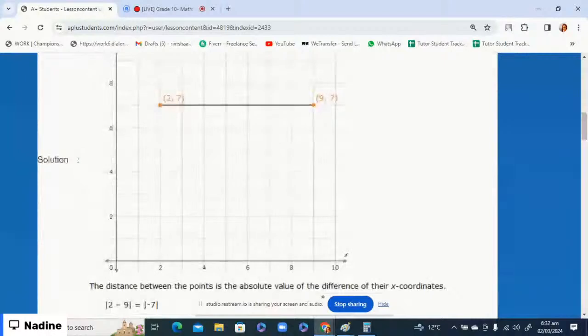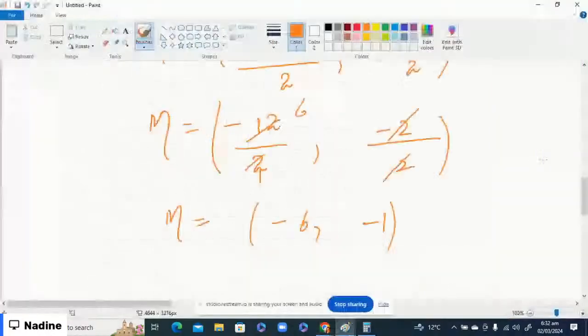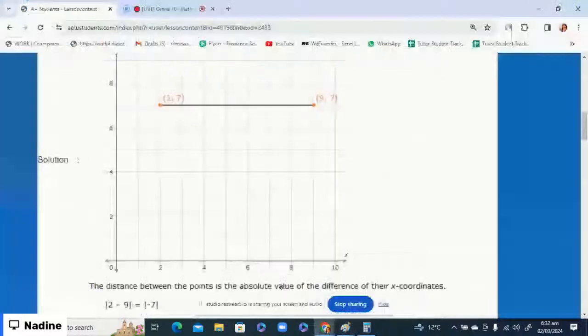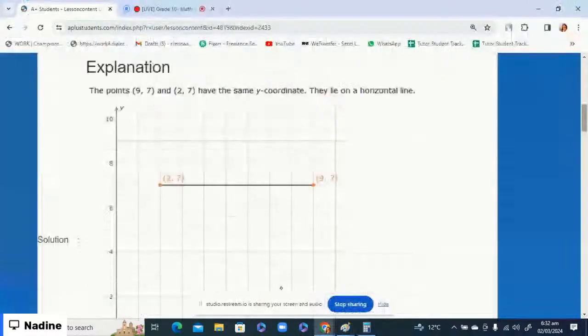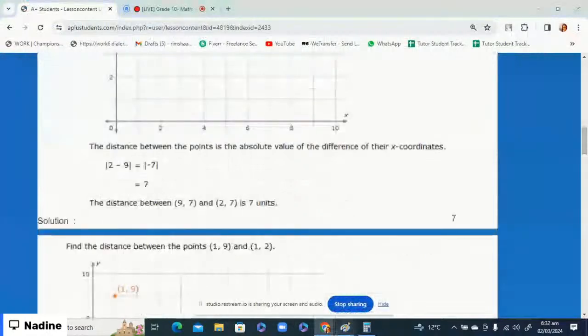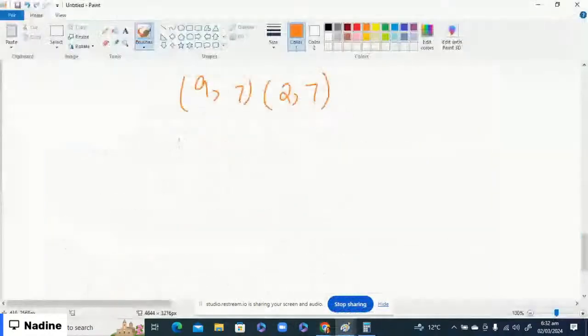This is (9, 7), and (2, 7). Always do it. First 9 minus 2, which equals 7 minus 7.